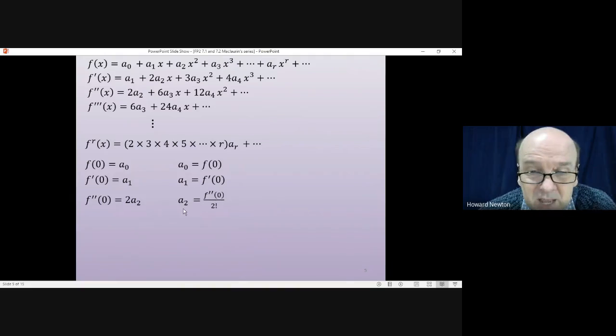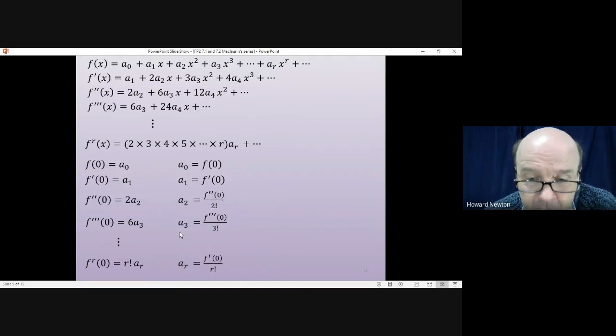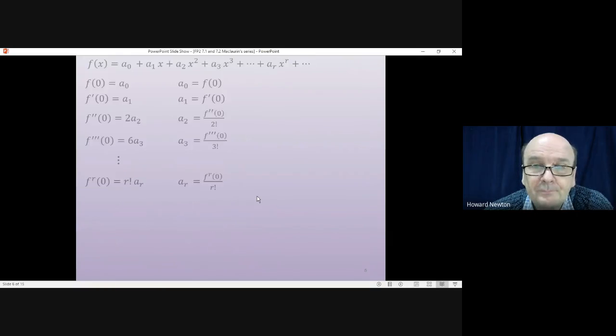Rearranging this gives us a2 is the second differential at 0 divided by 2 factorial. The third one gives us a3 will equal the third differential at 0 divided by 3 factorial, and so on. And in general, ar will equal the rth differential at 0 divided by r factorial. So that's what we've done.